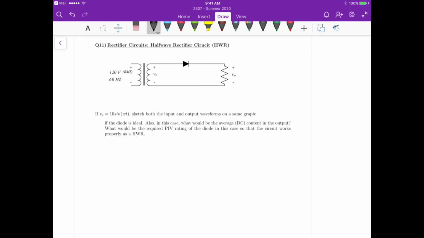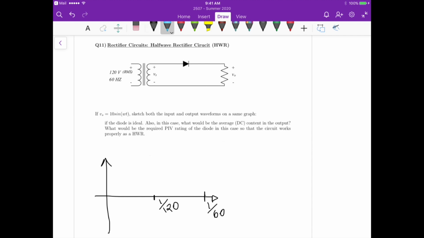Okay, so if you look at this circuit, basically at the input you would have a sinusoid. I will represent this sinusoid as just a single period. One period here is 1 over 60, and half the period here is 1 over 120.